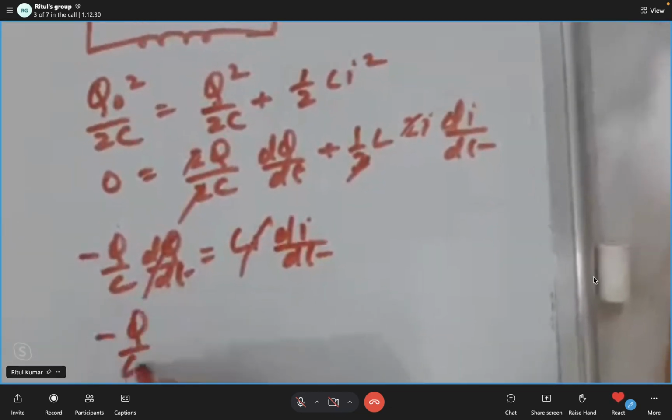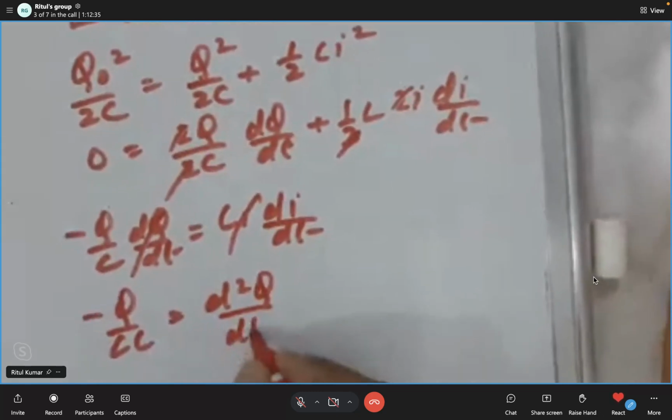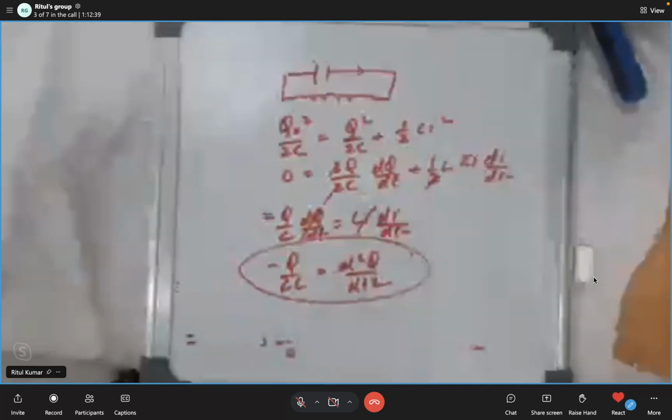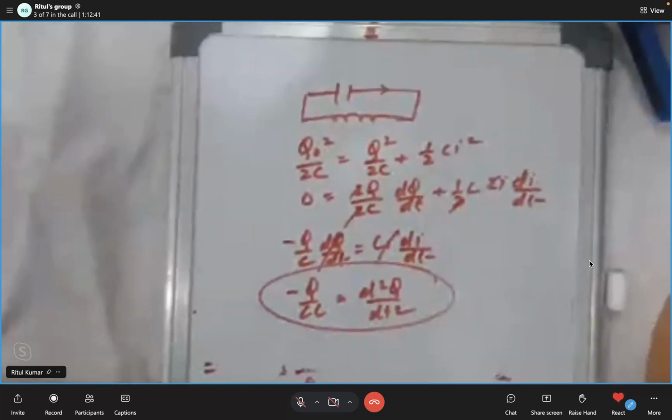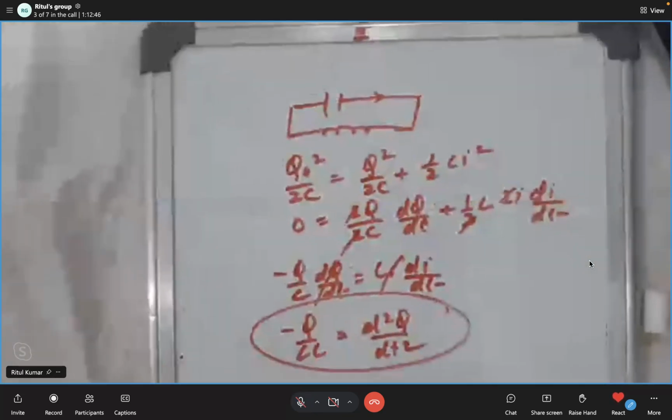Minus of Q by LC is equal to d2q by dt square. This is what function you're aware of. What is this to indicate? Simple harmonic motion. A simple harmonic motion.